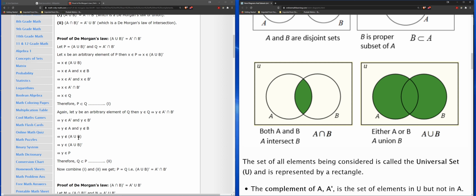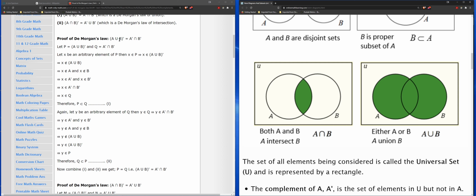And if Y does not belong to A union B, Y belongs to A union B complement. What you just showed is that if you have an arbitrary element Y belonging to the right hand side, it in fact belongs to your left hand side, which shows that your right hand side is a subset of the left hand side.